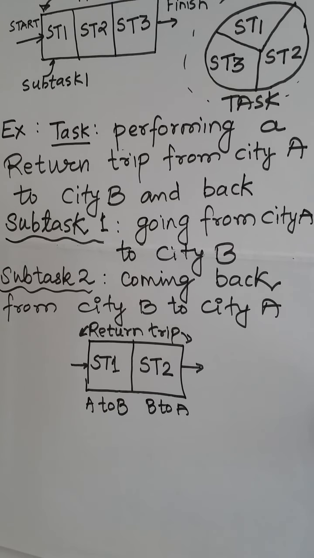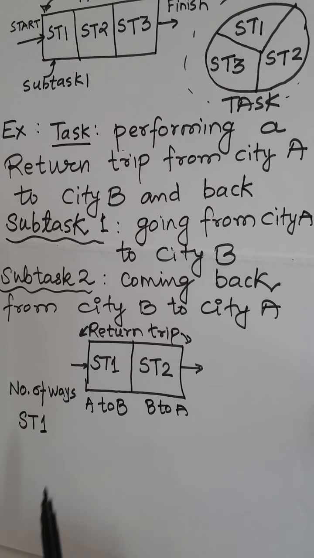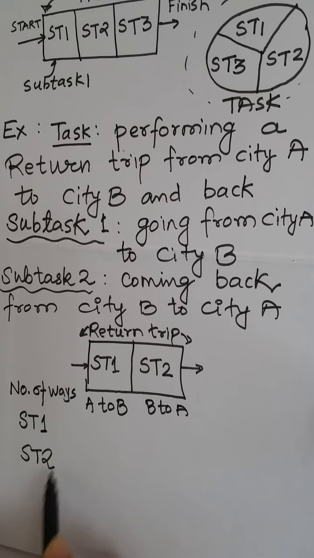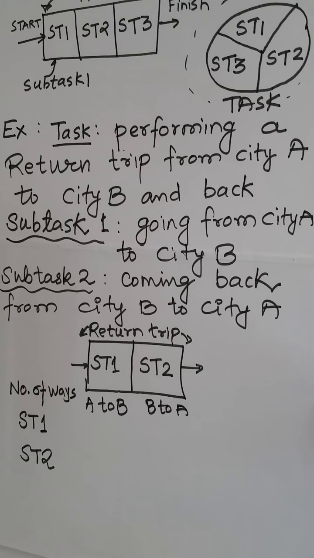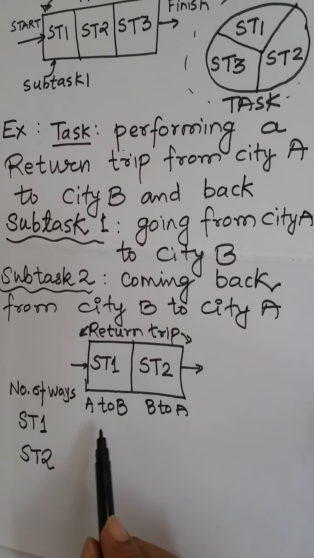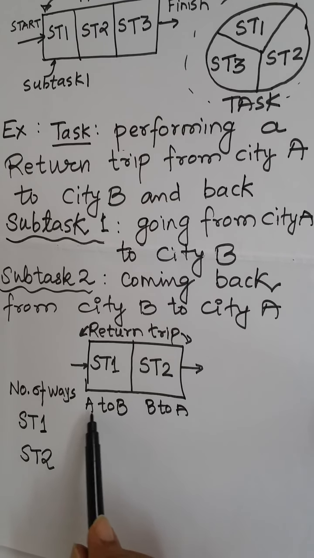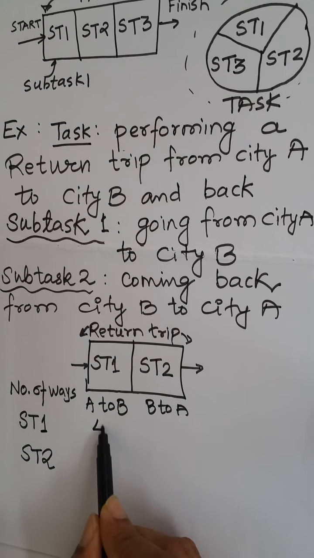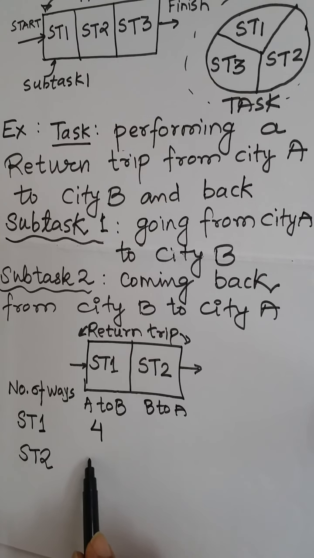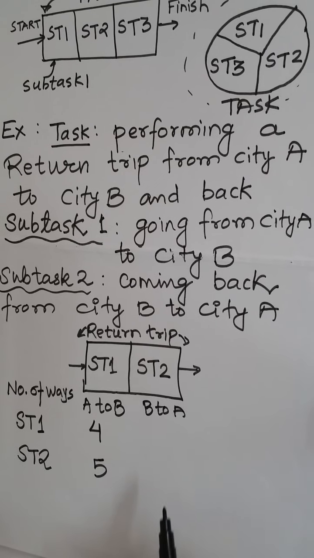Now there is one more piece of info which is given, the number of ways of performing subtasks. Let's see if the number of ways of performing subtasks 1 and 2 are also given like this. The number of ways in which a person can go from A to B is 4. From B to A, which is subtask 2, it is given as 5.